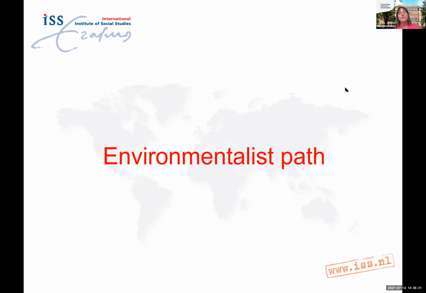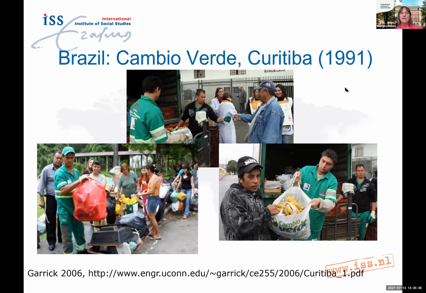Now, there's also the environmental path. On this one, Brazil has always been a pioneer. Unfortunately, this is a case in the city of Curitiba that is not so well documented, so you really need to dig to find information on it. But it came from a mayor who said, in this region, we are wasting money, resources, food, because we can produce more food than we can actually sell.